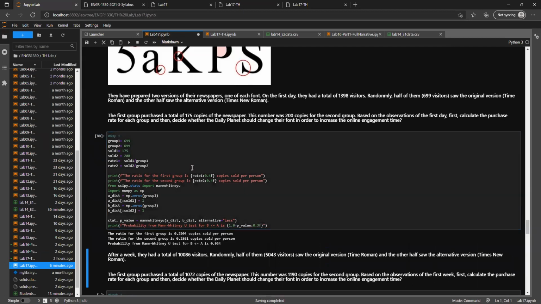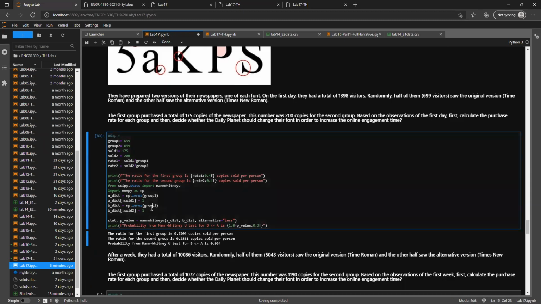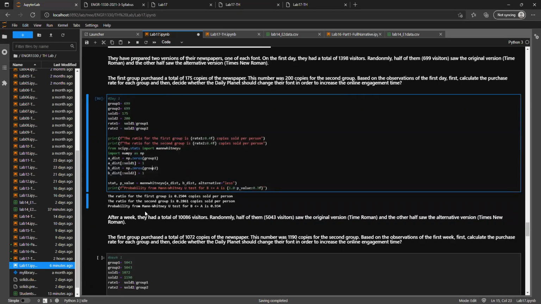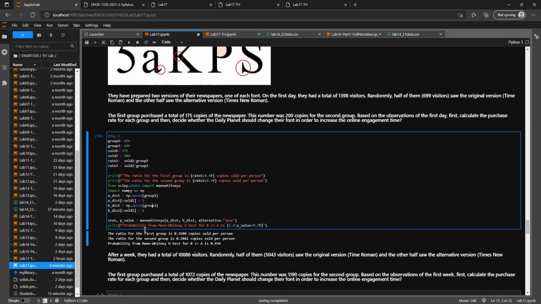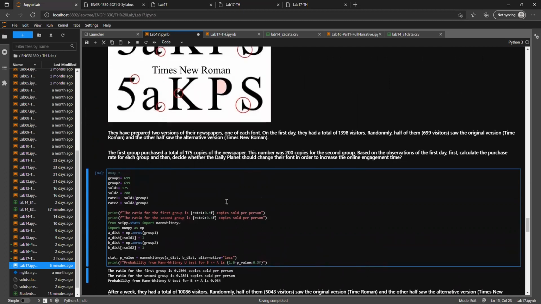All right. So we have the rate and we have the test that's appropriate for telling whether one is better than the other. So that test tells us the probability that group two, so group two had the new theme.